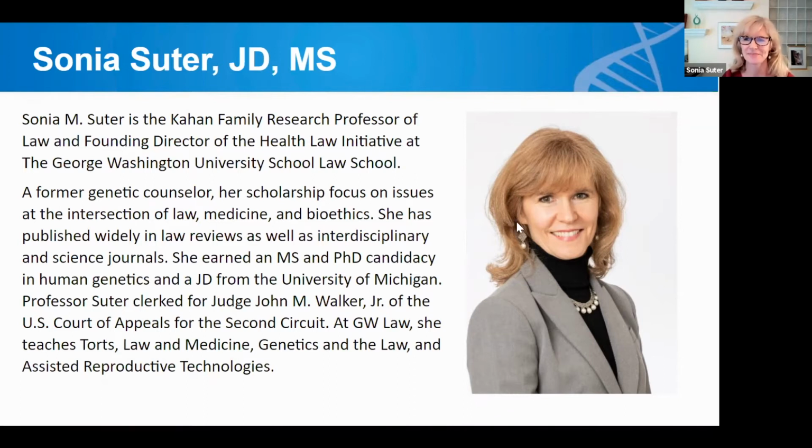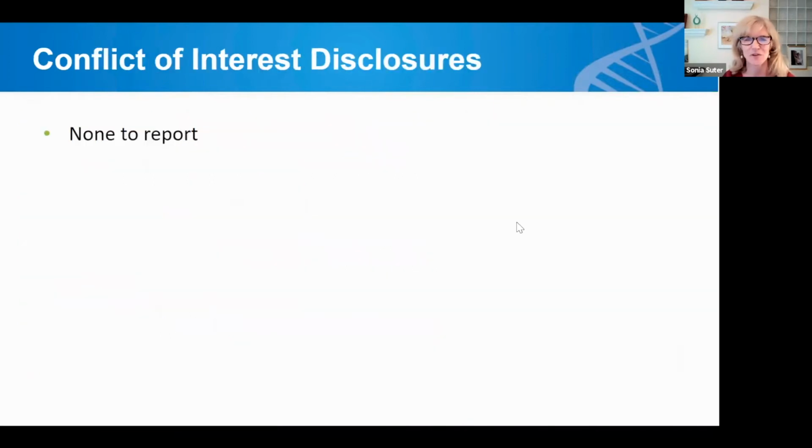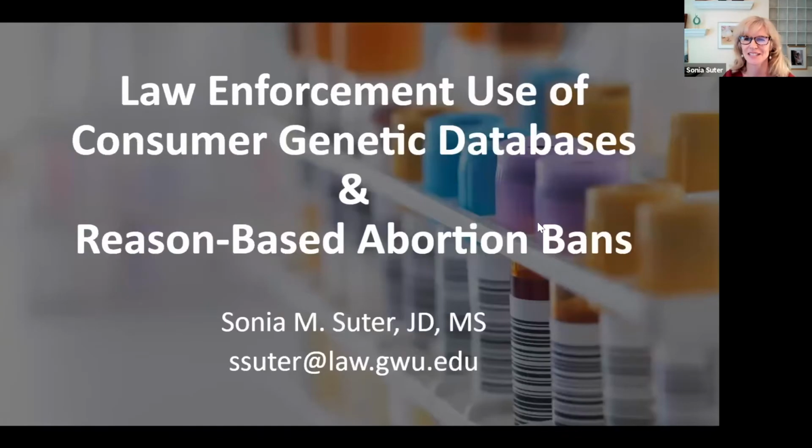Next slide, please. I have no conflicts of interest to disclose. So I want to talk today about 2 very different hot topics that are relevant to public health genetics. One is the use of consumer genetic databases by law enforcement, and the other is legislation that bans abortions based on certain reasons: sex, race, or genetic anomalies, which is what would be of particular interest to this group.